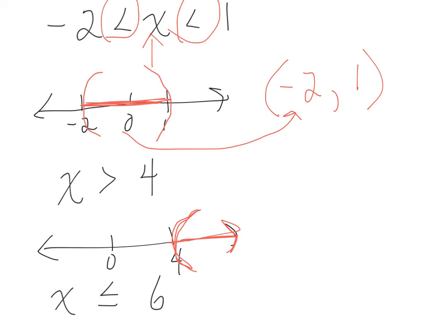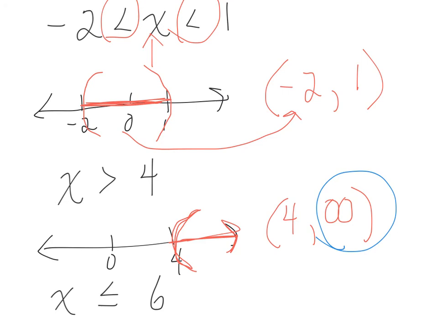Now imagine picking that up off of the paper to write this in interval notation. We have a parenthesis sitting at 4, and I never see it stop, so that goes on to infinity. And remember, parentheses around infinity. I'm going to circle that in blue because we can never actually touch infinity.